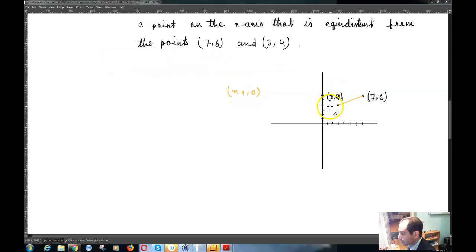Now if I call this point A, this point B, and this point C, then by the distance formula, you know that the distance between any 2 points AB is equal to the square root of x2 minus x1 whole squared plus y2 minus y1 whole squared.